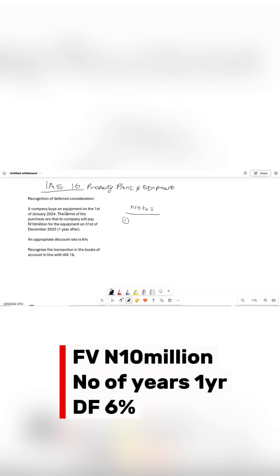So for us, the formula for present value equals the future value of the asset multiplied by 1 over (1 plus r) raised to power n.